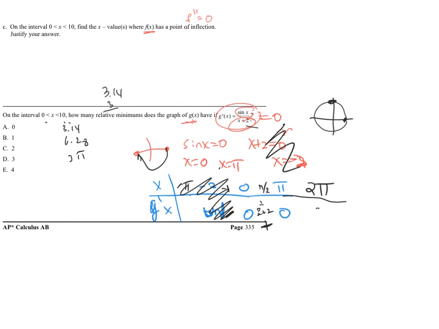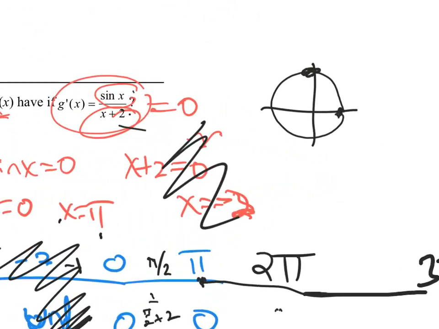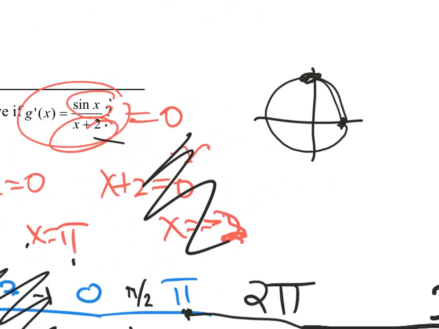If I go all the way to 3 pi, a lot of stuff happens because every multiple of pi will give you something. I only solved it to pi, but that would also mean, where else is it 0? It would be 0 at pi, 0 at 2 pi, 0 at 3 pi.